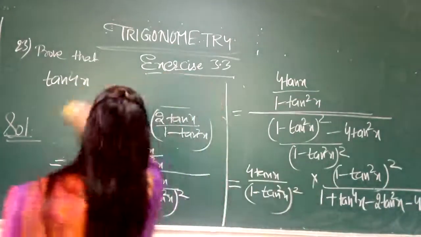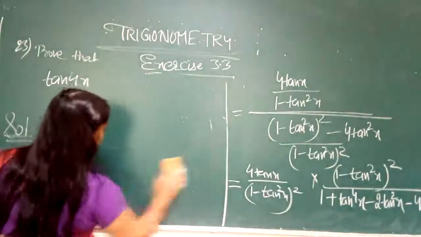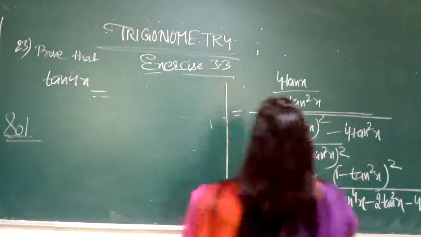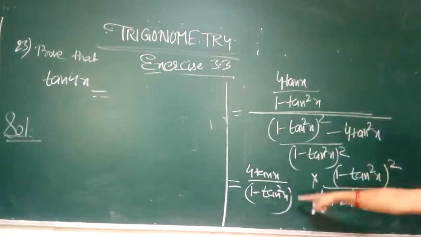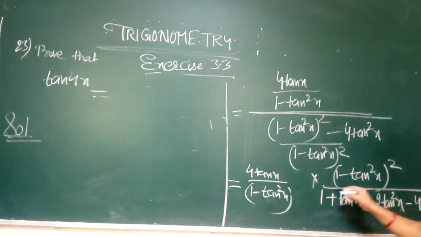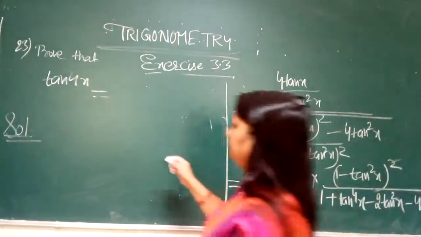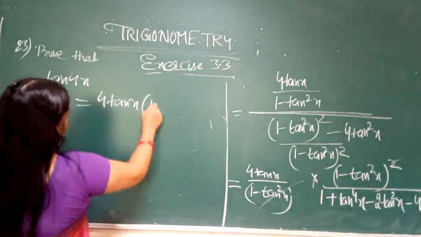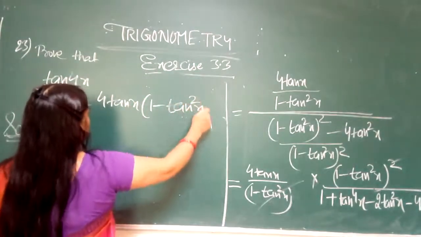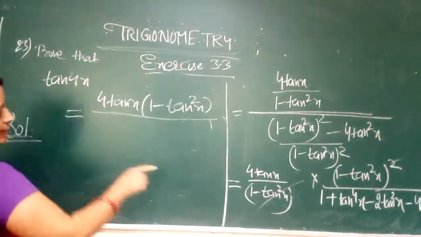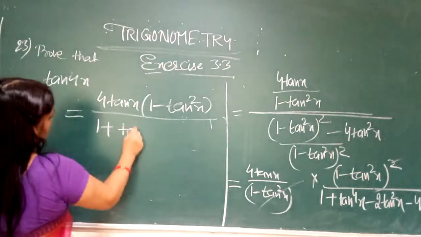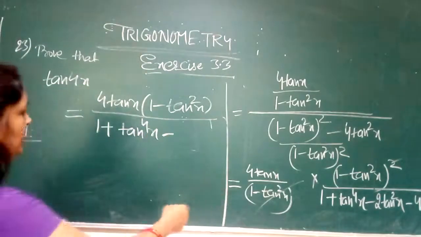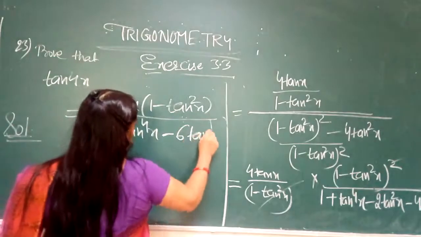Students, after this step, what will come here? Now this term here 4 and here 1 minus tan square x, 4 upon 1 minus tan square x, and here 1 minus. So this term will cancel with this. What is left here in the numerator? It is coming 4 tan x into 1 minus tan square x, upon 1 plus tan raised to power 4 x minus 2 tan square x and minus 4 tan square x, that is minus 6 tan square x.